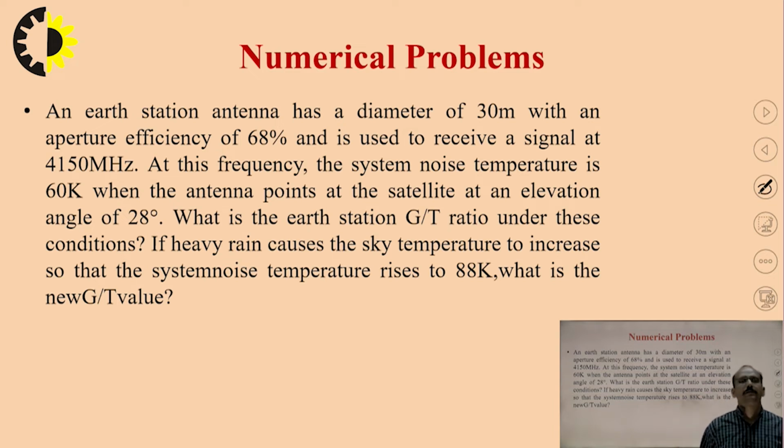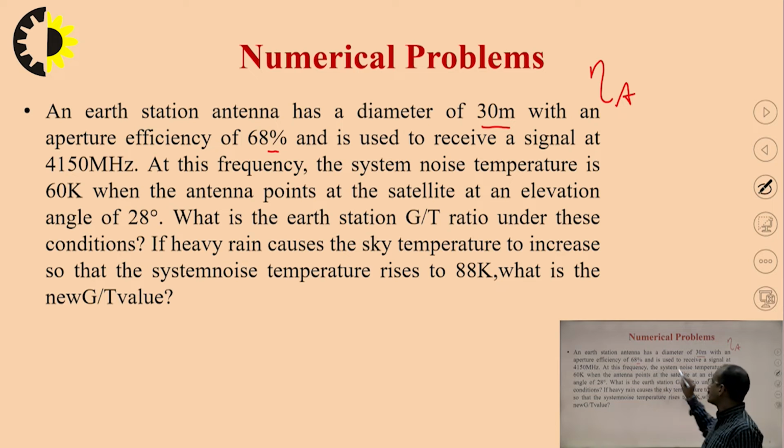So now we take some specific numerical problems which use all these equations. Our first numerical is: an earth station has an antenna diameter of 30 meter, with an aperture efficiency of 68%, that is eta A. It is used to receive a signal at 4150 megahertz.